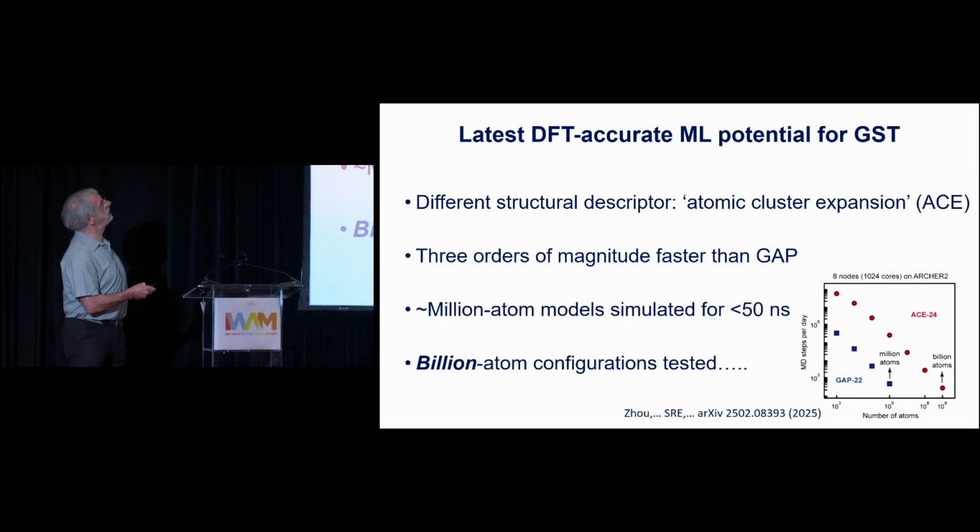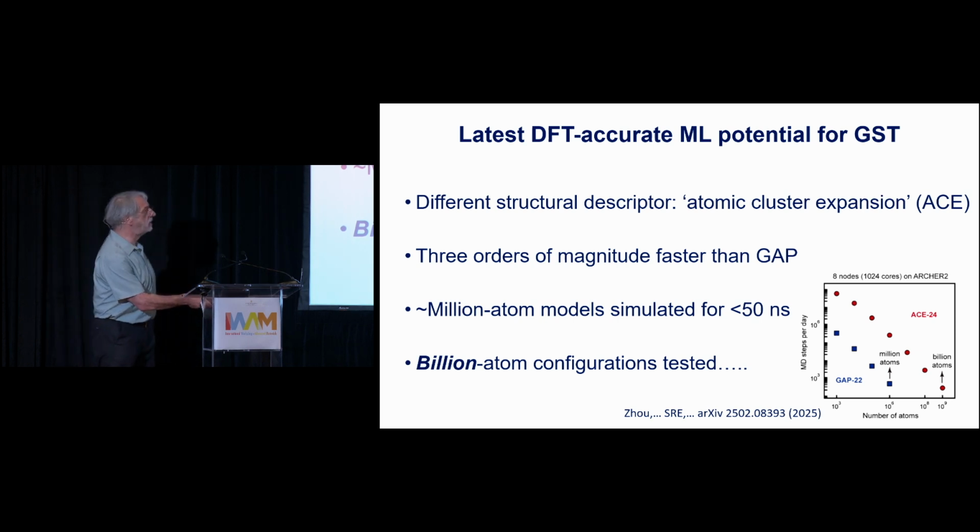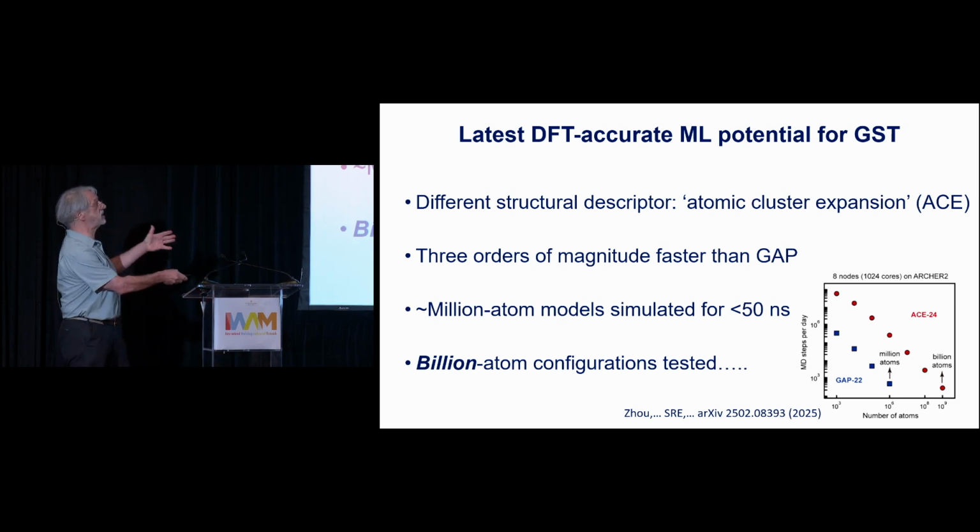So we've got a latest machine learned potential, GST, based on a different structural descriptor, atomic cluster expansion, and it's 3 orders of magnitude faster than what we had before. So we can now simulate million atom models for 50 nanoseconds, and we actually tested a billion atom at DFT accuracy, and we can find that actually, we can have a reasonable number of time steps on just 8 nodes, basically.